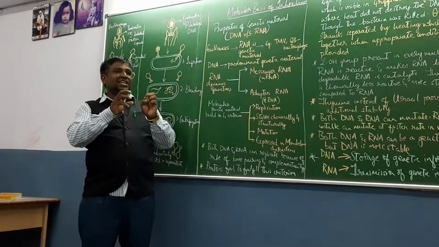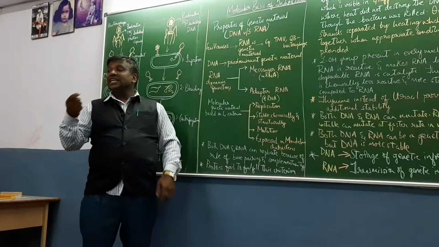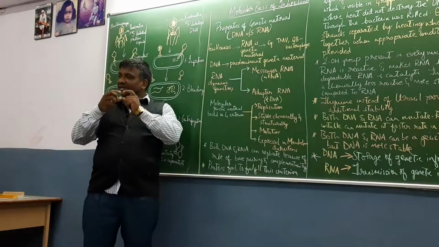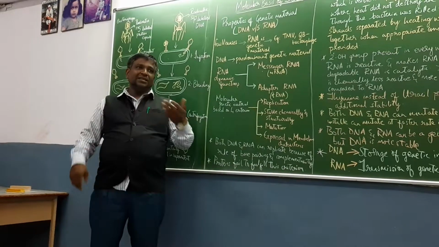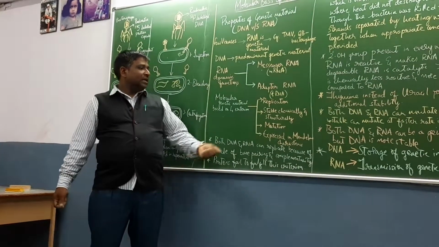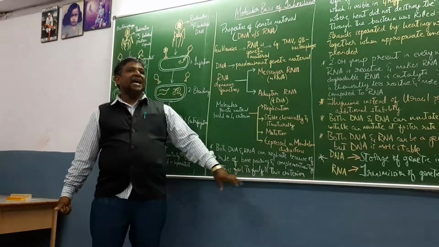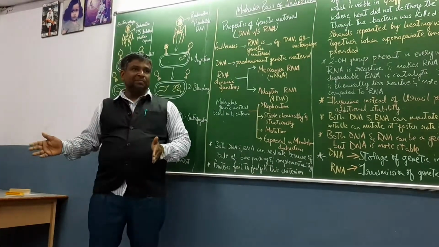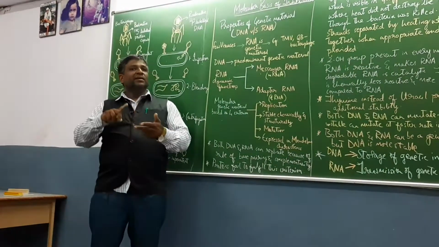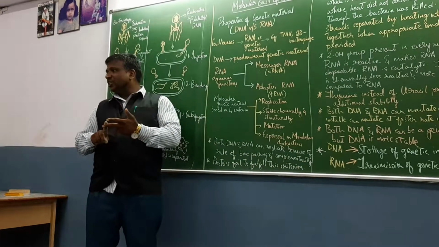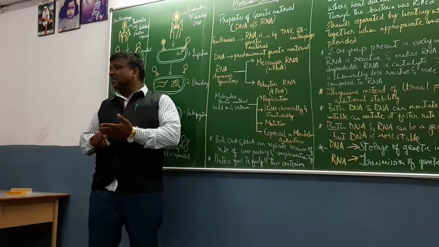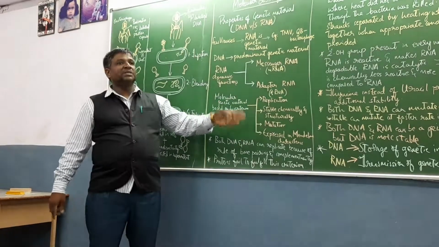Any sudden change in the structure or sequence of genes in a chromosome, we call it mutation. Fourth, it should express characters according to Mendelian principles: law of dominance, law of segregation, law of independent assortment. It should follow these principles.